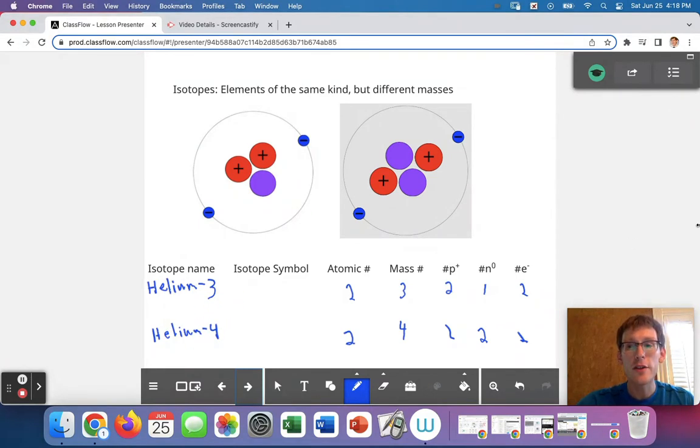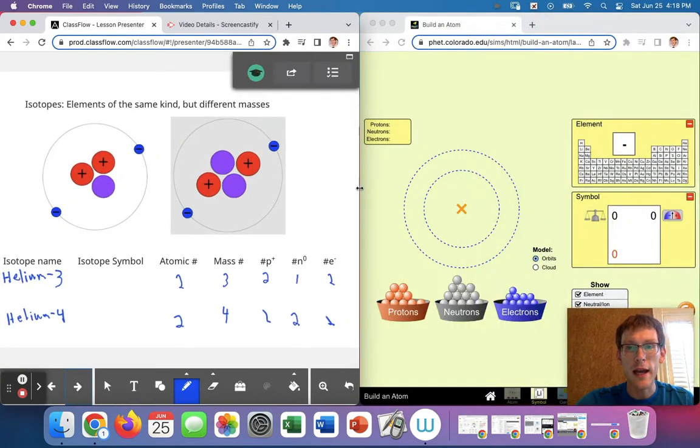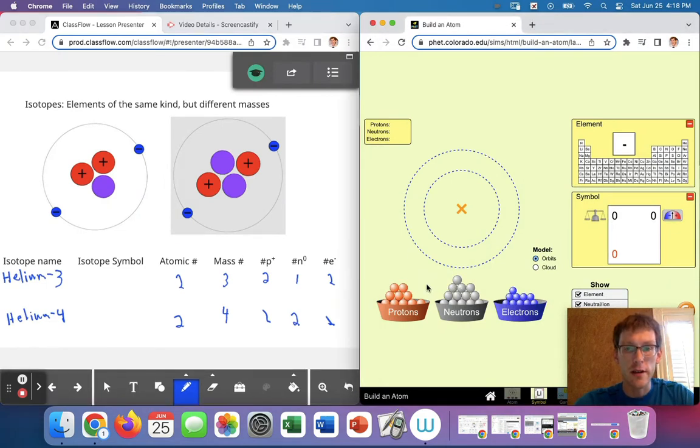Now, as for the isotope symbol, I'm actually going to bring in our Build an Atom simulation here. And what we'll do is we will make the atom on the left. And note, we've got the 2 protons, 1 neutron, and 2 electrons. Look at what we have here.